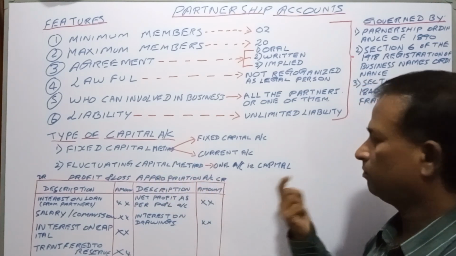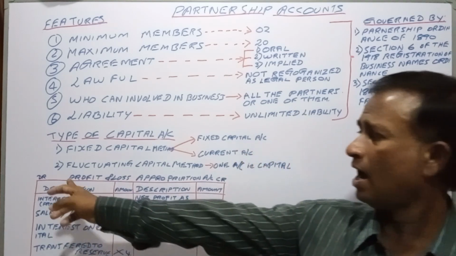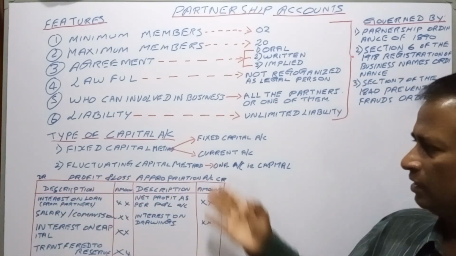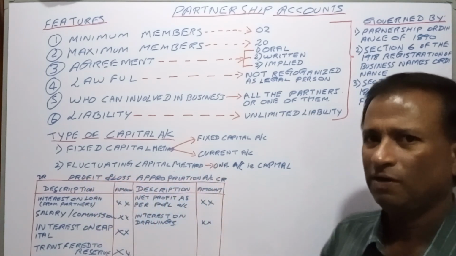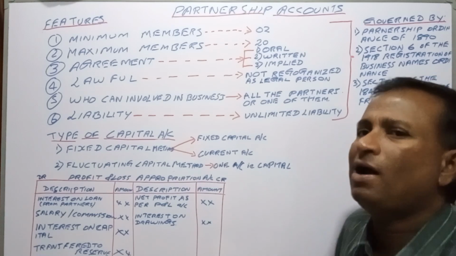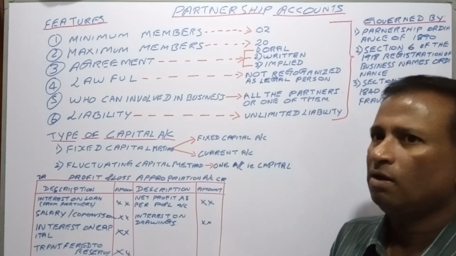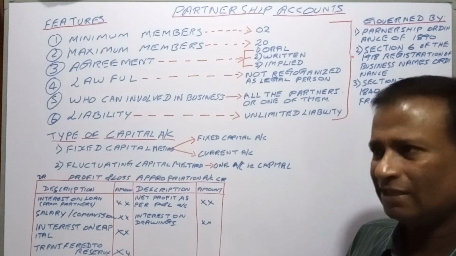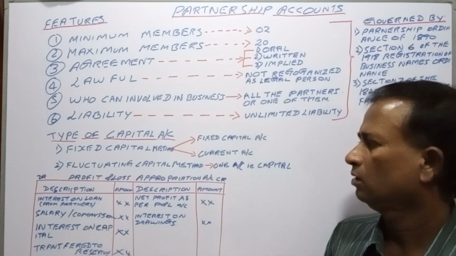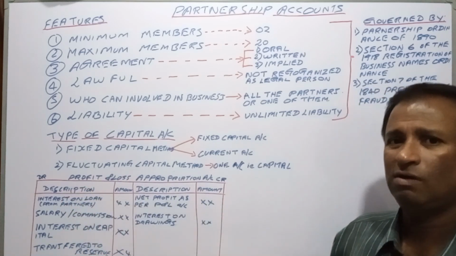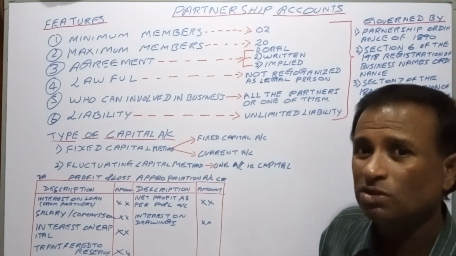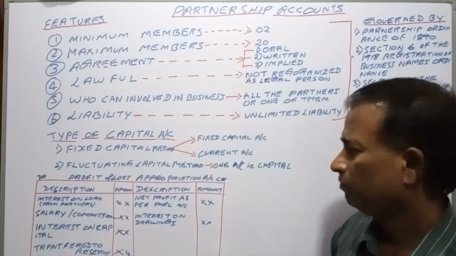In the profit and loss appropriation account we take whatever payments we have to make to the partners: salaries or commissions, interest on capital, and interest on loans we have paid to them.